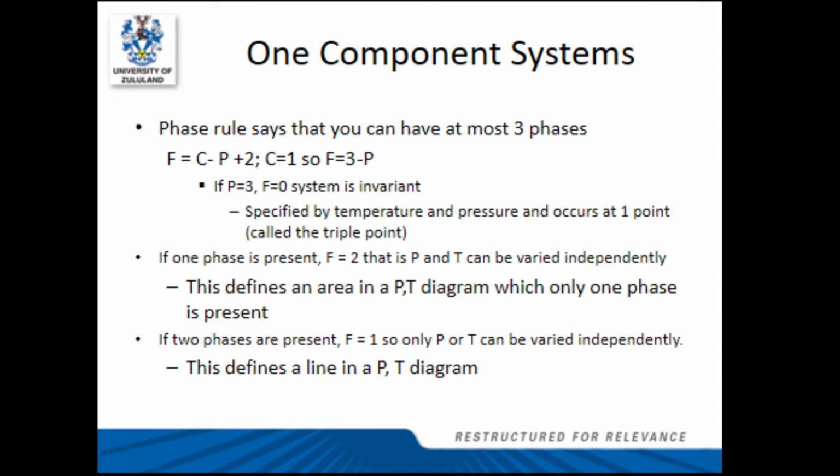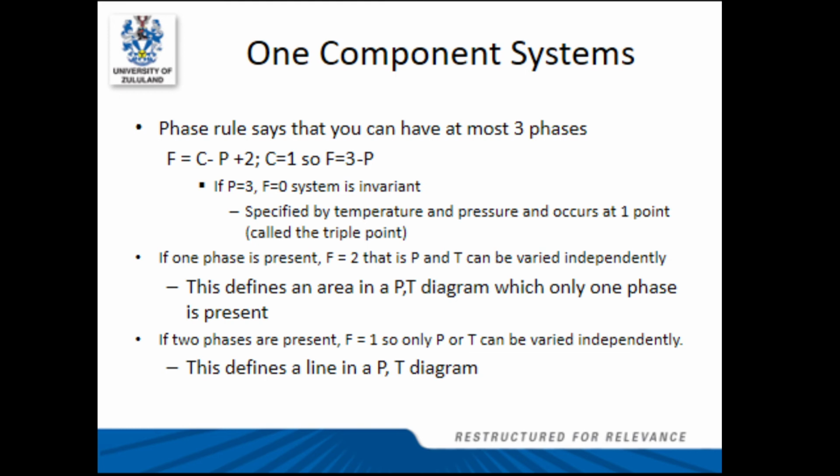So in summary, before I look at the typical example for a compound of an ion, for a one component system, at most we can have 3 phases. One component system, 3 phases.